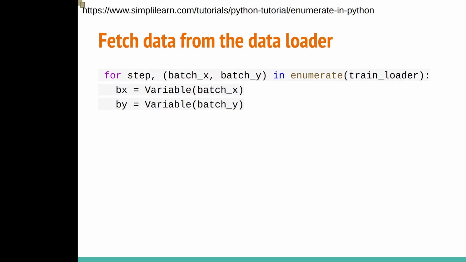In this code, we're using the enumerator pattern or iterator pattern of Python. If you are not familiar with the iterator pattern of Python, please read the article linked at the top of the slide. We will introduce a little bit about it later, but I encourage all of you to read this article if you are not familiar with the iterator in Python.